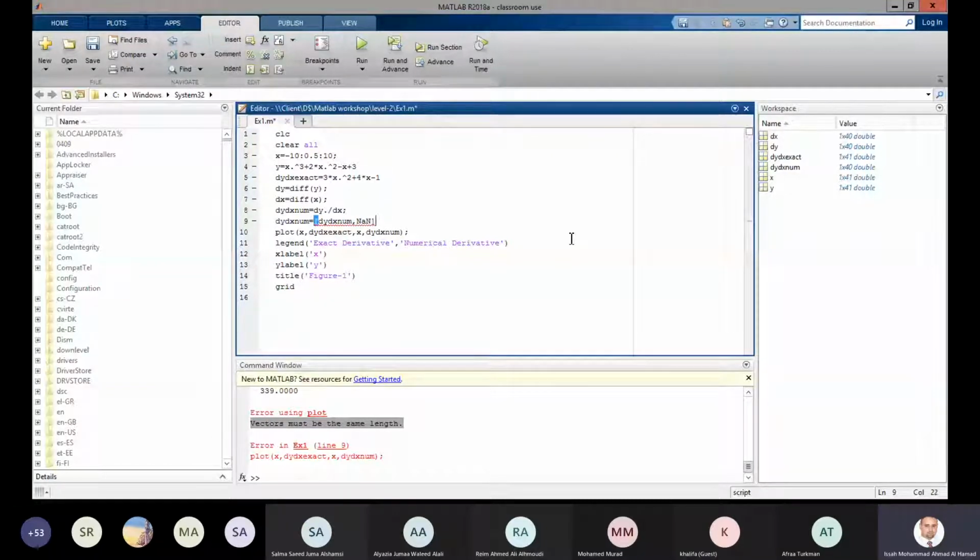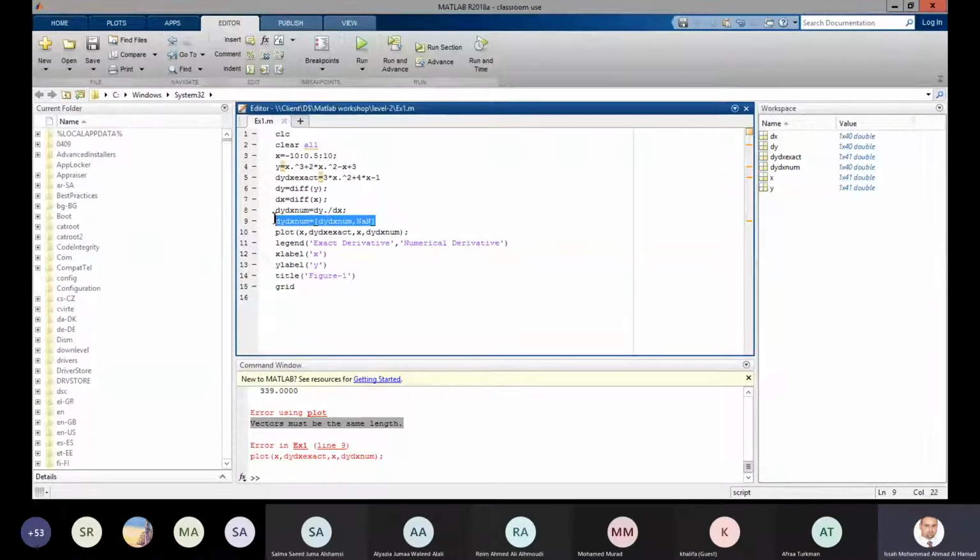Okay, by this we added an entry for dx, dy dx numerical. So when Matlab goes to the plot, it will find that all of them have the same size. If this is 10 entries, this will be 10 entries, this will be 10 entries, this will be 10 entries.